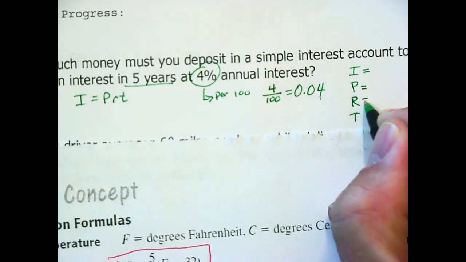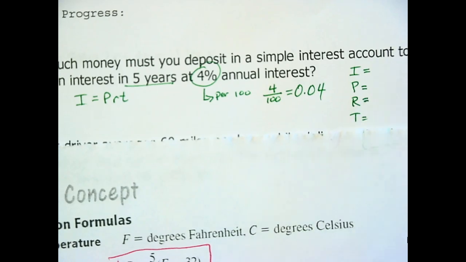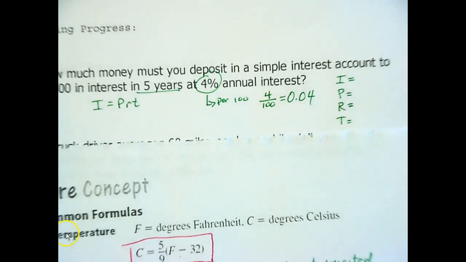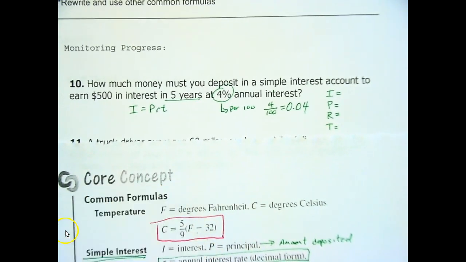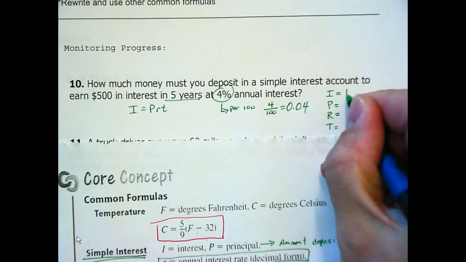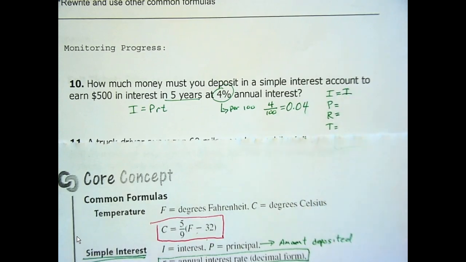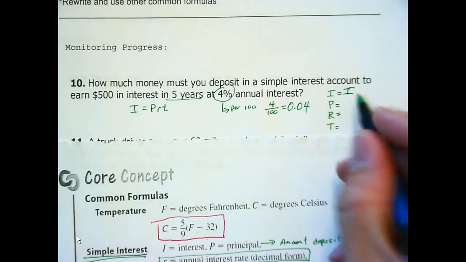Tell your neighbor, define each part right now. Which one of those do we have? Okay, which one do they not give you? They do not give you the interest. That's what we're looking for. Okay? We're looking for I. We're trying to find I here.